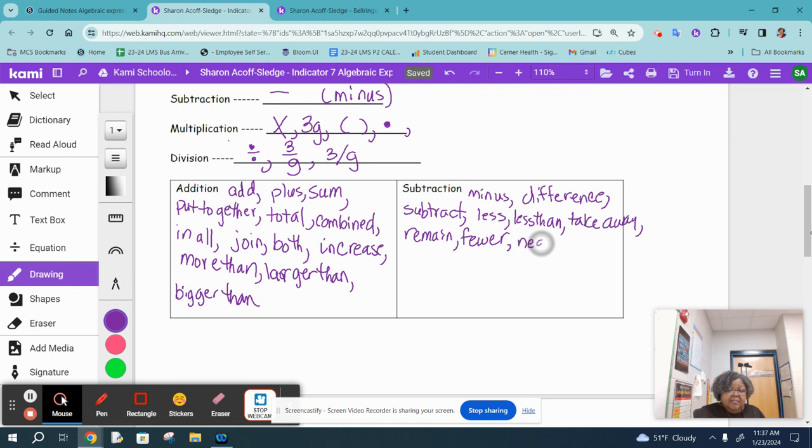Negative. Decrease. Smaller than. Smaller or smaller than. Anybody else? I think we got remain. Left. That's the same as remain.